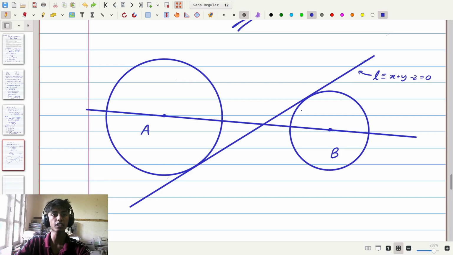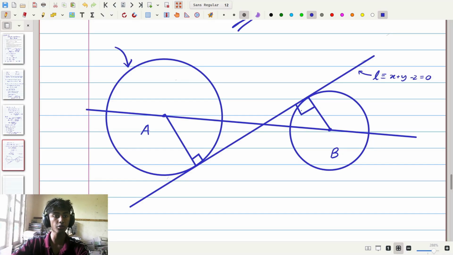So if I draw the line from the point A, the center of this circle, all the way up to this point, this line and the line L should be perpendicular to each other. Similarly, if I draw a line from the center B to the line L, this line is also going to be perpendicular to the line L. Given this, we can easily find the equation of these two circles.